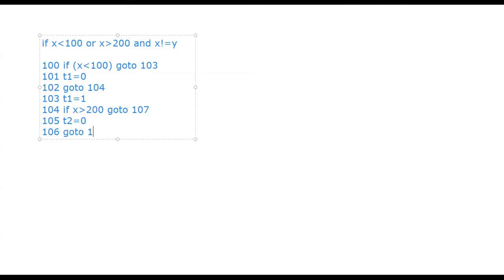At line number 106, I have written go to 108. 108 is the line number where you need to jump. T2 equals to 1. Right? So T2 equals to 1.